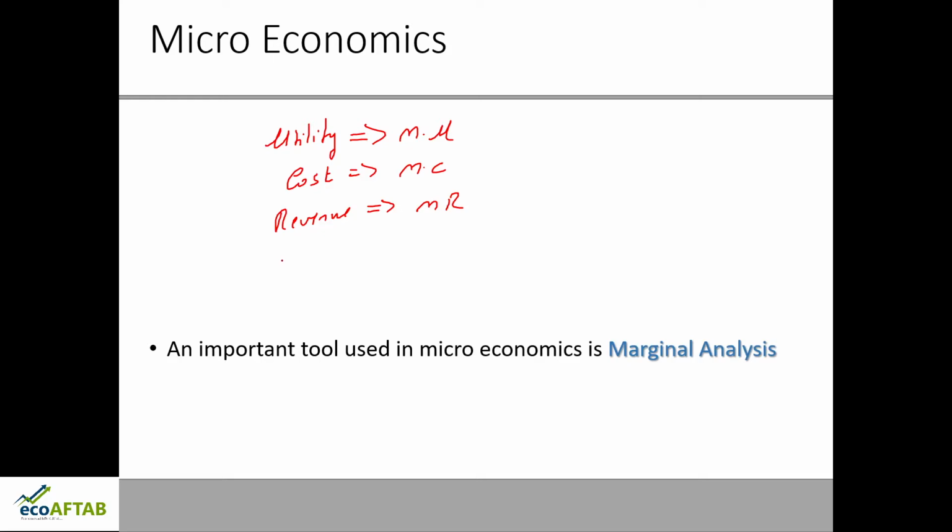When we are speaking about the consumption function at a macro level, we are speaking about marginal propensity to consume. So most of the things that we study in microeconomic analysis deal with marginal concepts, and that is why microeconomics is also called marginal analysis. As we move ahead in the core subject, you will come to know why it is called marginal analysis.